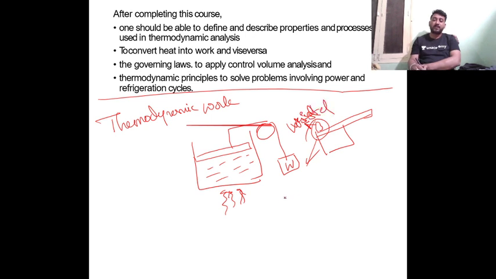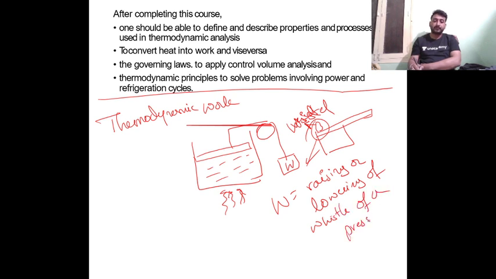I define thermodynamic work as the raising or lowering of the vessel of a pressure cooker. That means the vessel of the pressure cooker will rise up or fall down because of a change in the system.